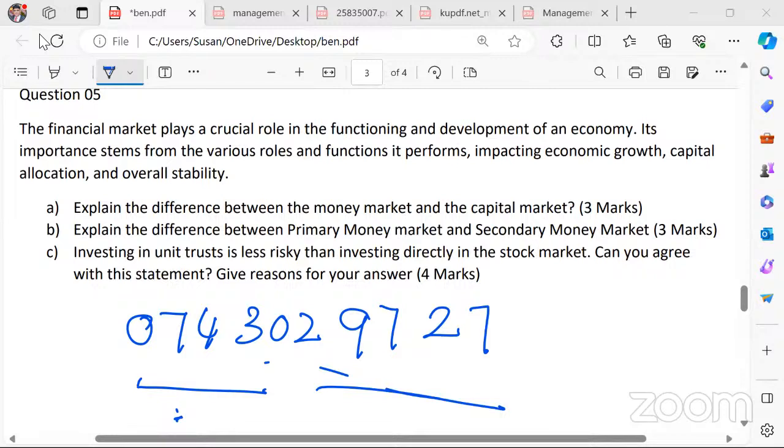Now, the capital market's main instrument is bond. In money market, the main instrument is treasury bills and treasury bonds, short term, and the maturity period is the main concern, right? In money market, maturity period is very low. Capital market, maturity period is very high, right?